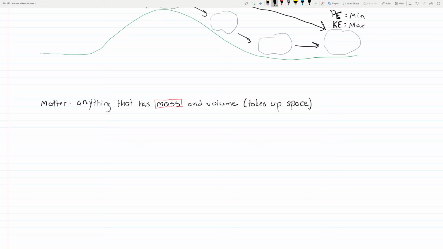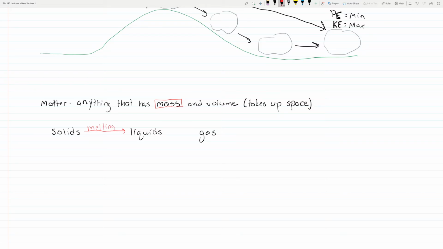Matter has several states. We have our solids, liquids, and gases. Now, you can go from a solid to a liquid, and this is called melting.